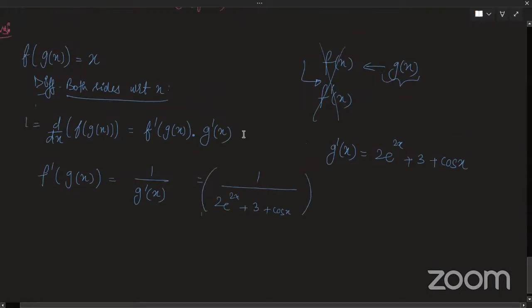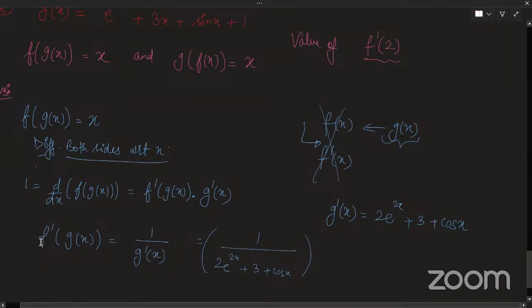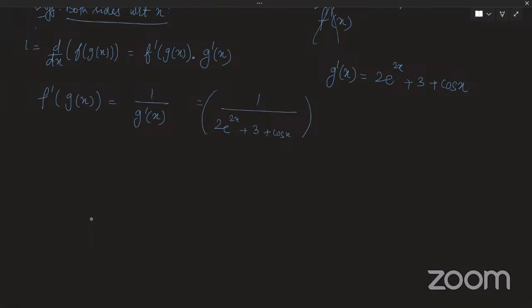So it is asking you the value of f dash 2, right? And over here, you know the value of f dash of g of x. So just think about it. If at any real number my value of g of x is equal to 2, what will happen?